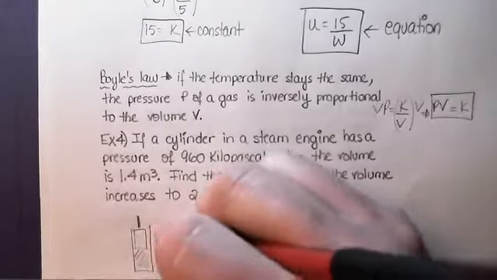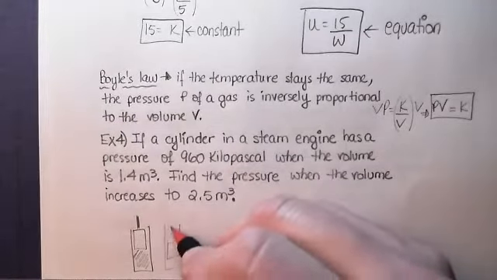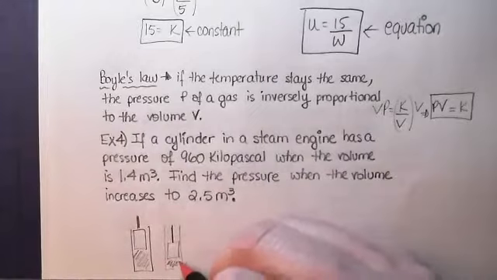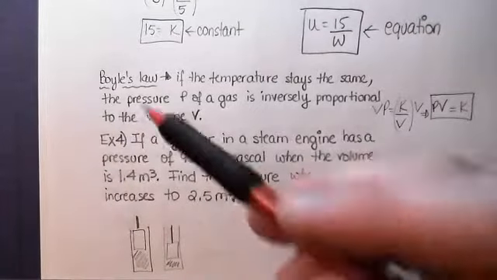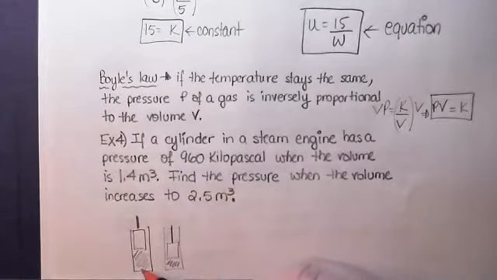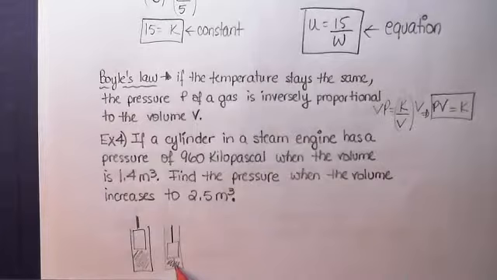What Boyle's law says is, when you have a bigger volume, the pressure is going to be smaller, and when you have a smaller volume, you're going to have a higher pressure. So the bigger the volume, the less the pressure. The smaller the volume, the higher the pressure. So there's an inverse proportion.